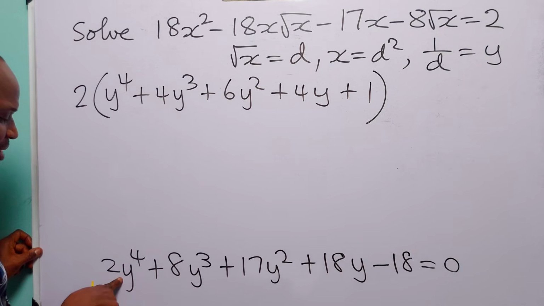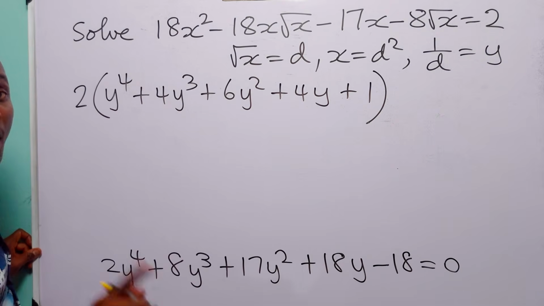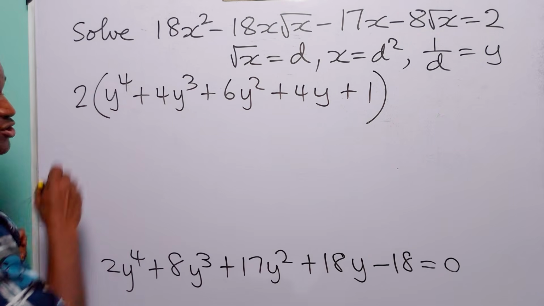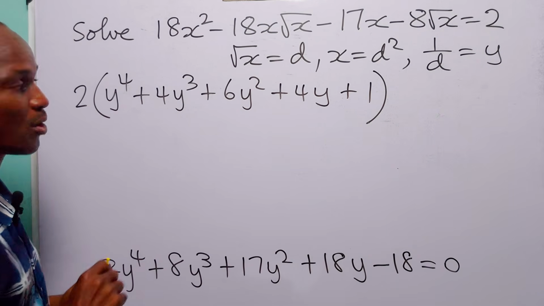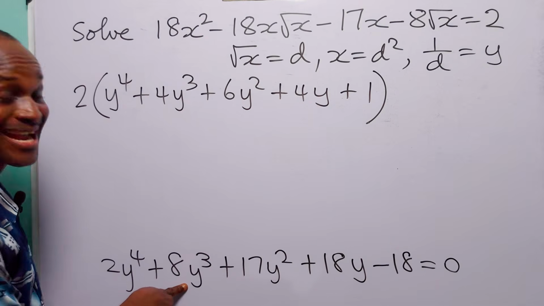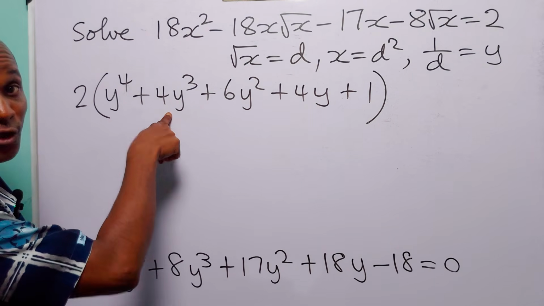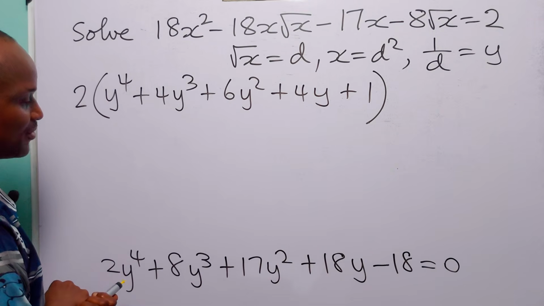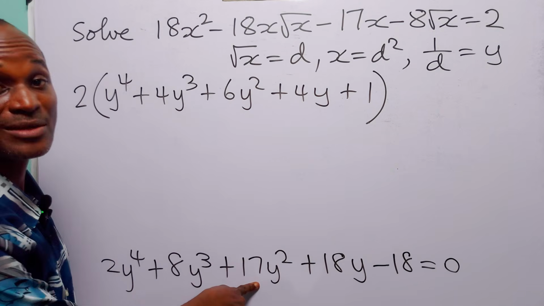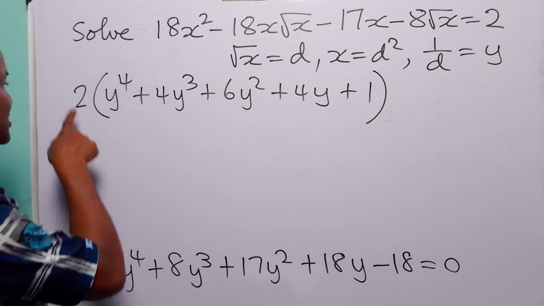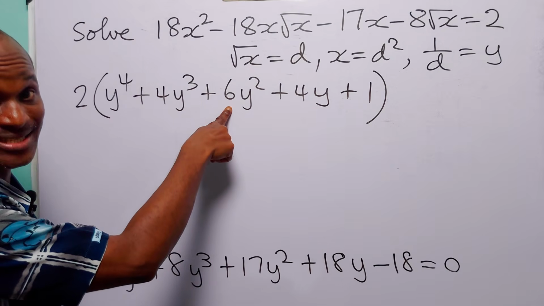That means that here we now have 2y raised to power 4 minus 2y raised to power 4. That is equal to 0. Here we have 8y cubed minus 8y cubed. That is going to give us 0. Here we have 17y squared minus 12y squared.